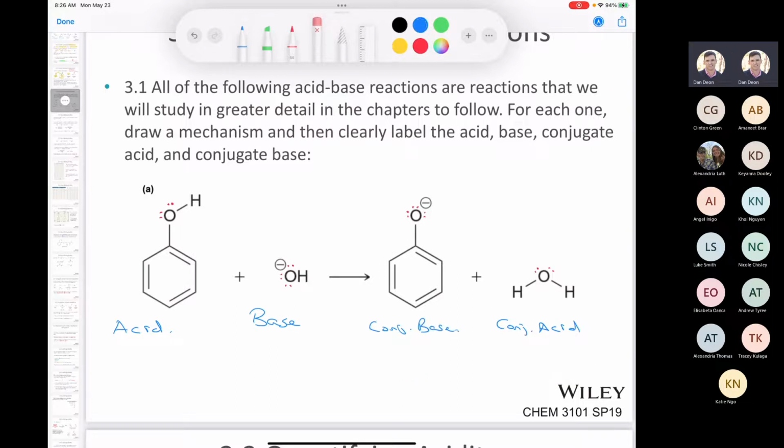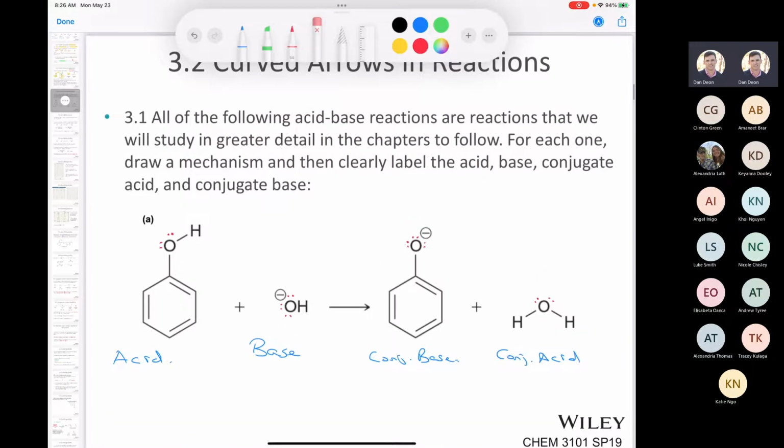What were some of the things that we learned about curved arrows? When you're drawing a curved arrow, the tail has to start on a pair of electrons, and then the tip of the arrow is going to end up on a nucleus.